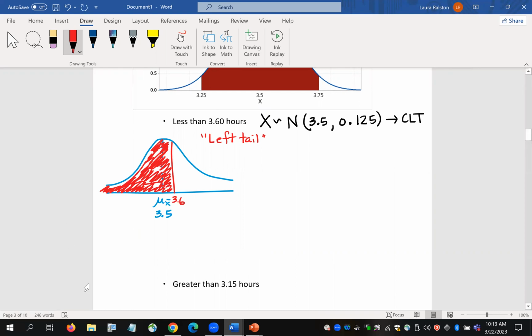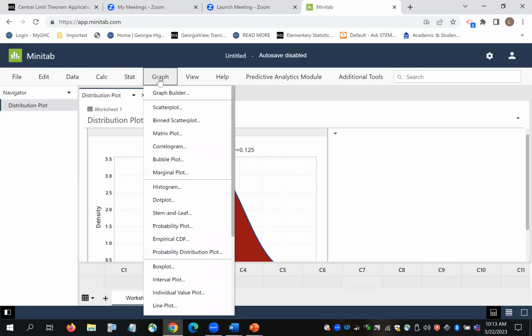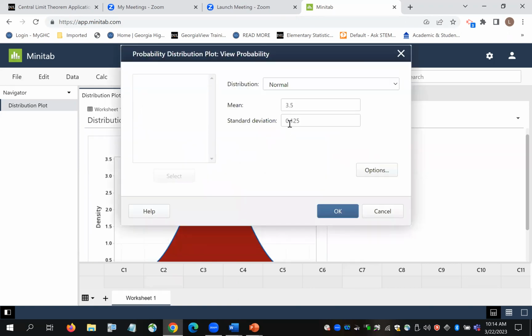So I'm going back to Minitab. Graph, probability distribution plot, one curve, view probability, 2 clicks, 1, 2. It is normal. My mean is 3.5 for the central limit theorem.